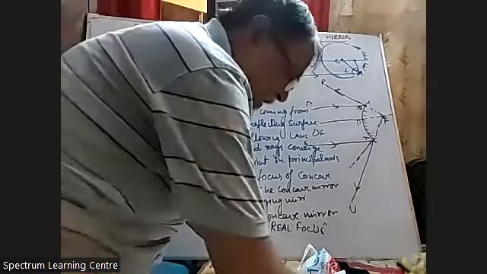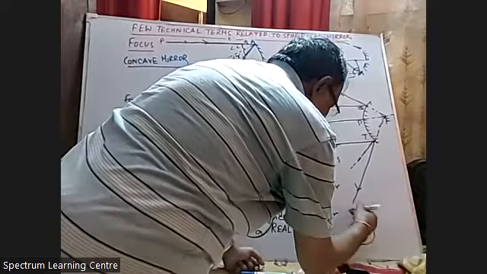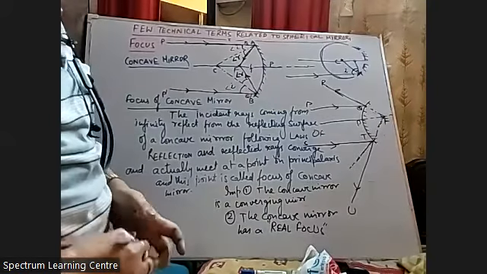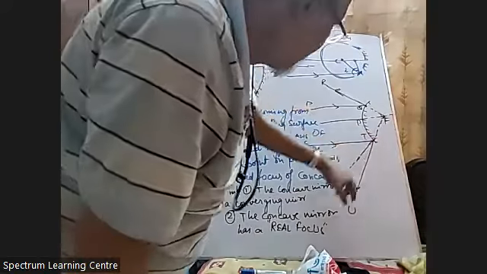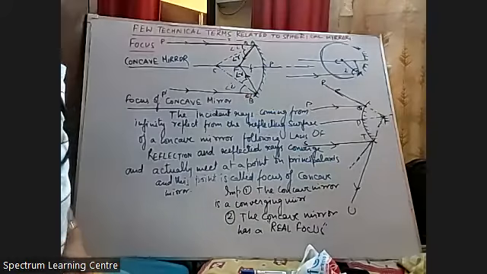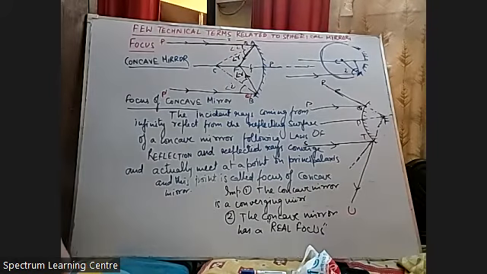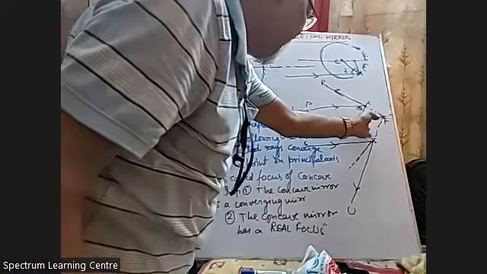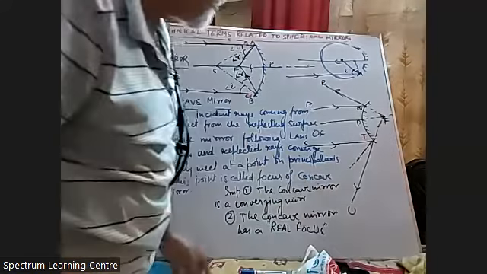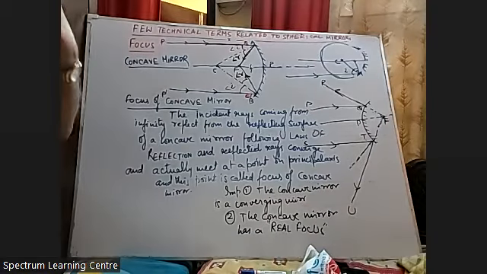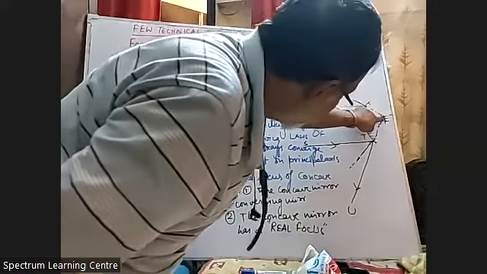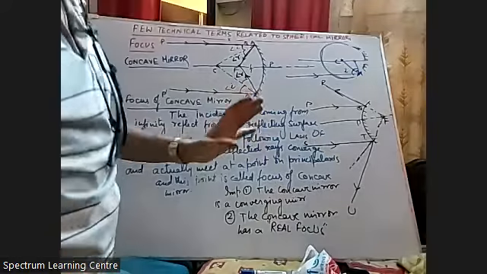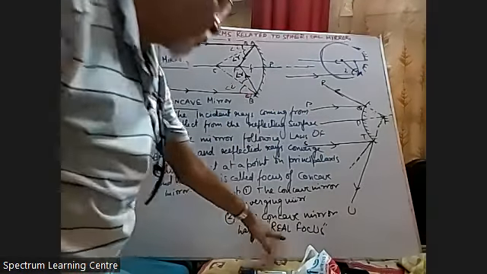This is T and this is U. Can this go beyond the mirror or not? Can you expect that this TU is coming from F? No, sir. Once you have silvered, this portion is opaque, no? Oh, yes, sir. Then it will appear to come from F, but it is not actually coming from F. That is why it will have a virtual focus.